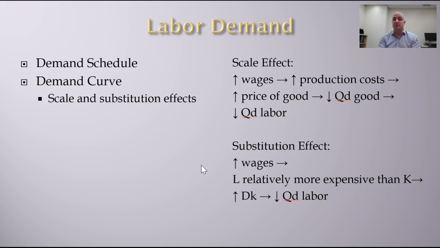So in the substitution effect, wages go up, labor is now relatively more expensive, and you're going to use more capital and less labor. So in the substitution effect, as wages go up, the quantity demanded of labor goes down. This shows through the scale and the substitution effect why, as wages go up, the quantity demanded of labor goes down.